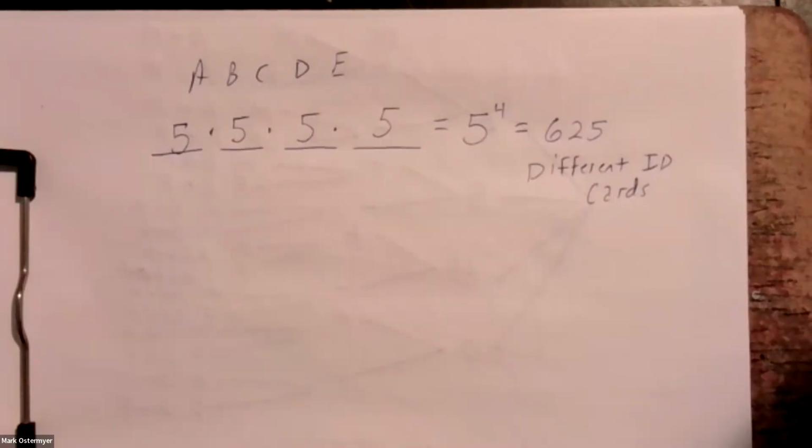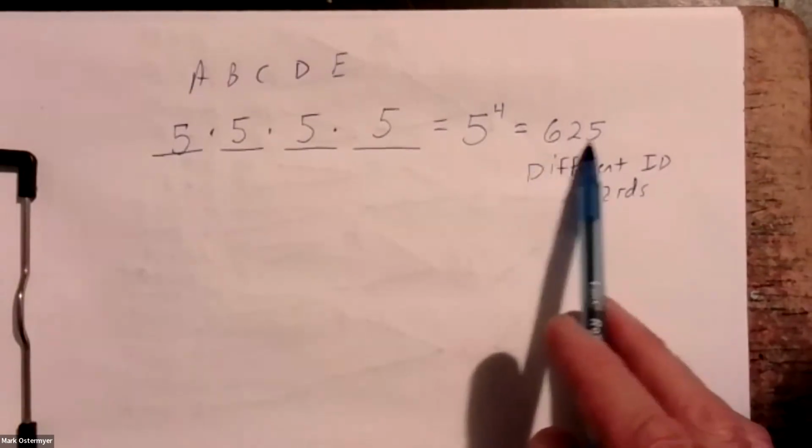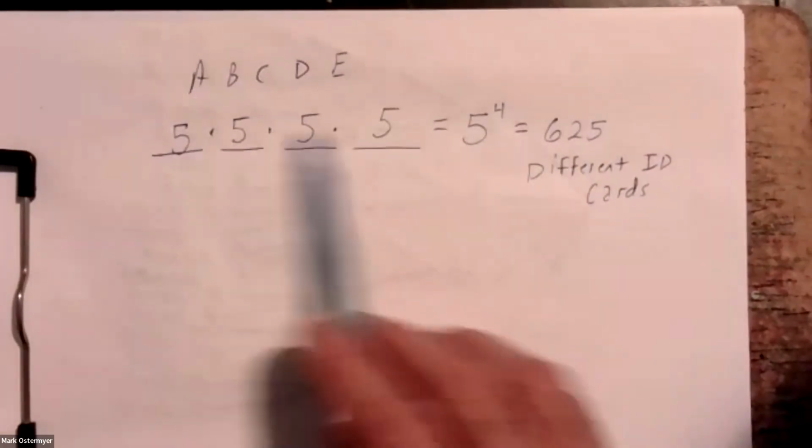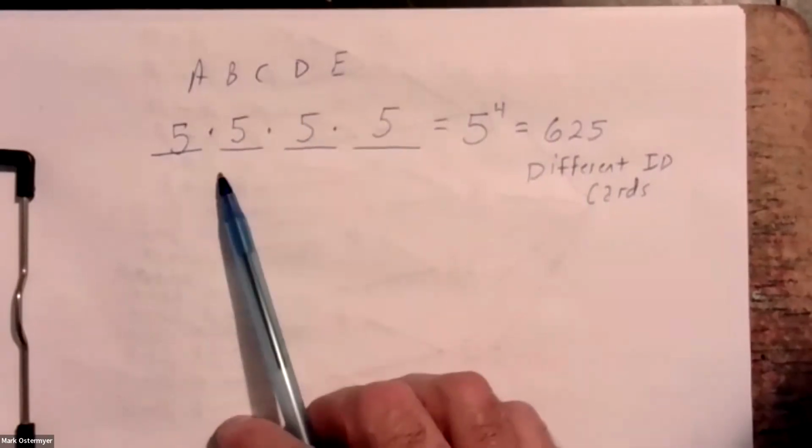Everybody see that there? Now, to enumerate all 625 would not only take an exorbitant amount of time, the chance of getting them correctly enumerated would be virtually non-existent. A human would have a very difficult time enumerating all 625 different ID cards that can be formed from these 5 different letters, assuming that we can have repeats.